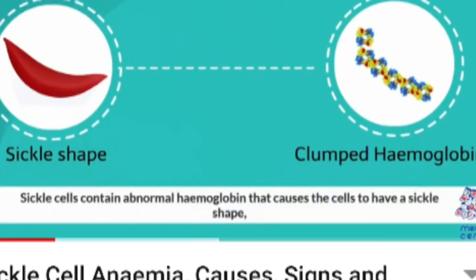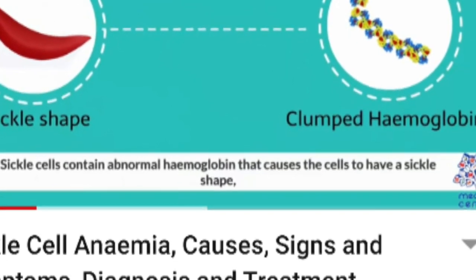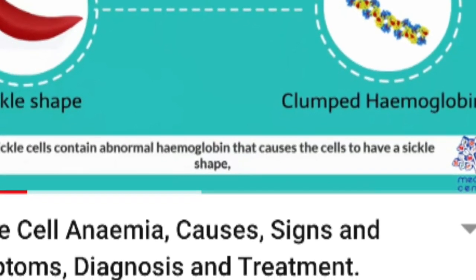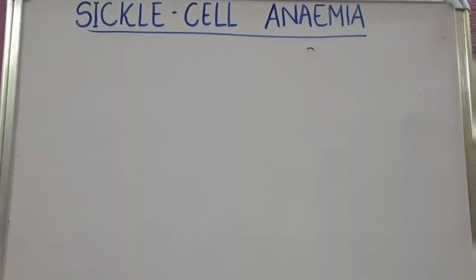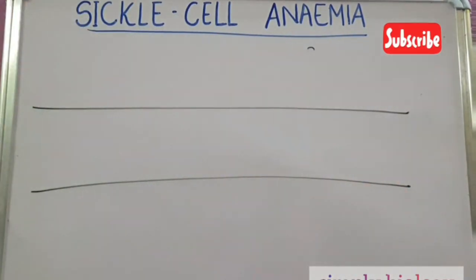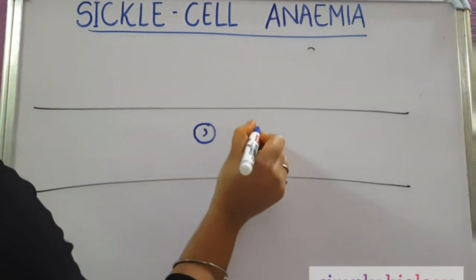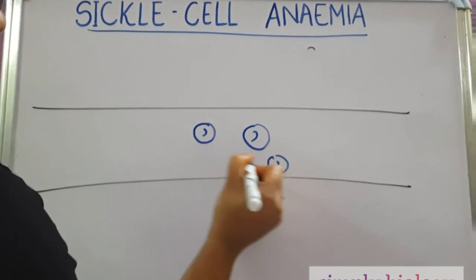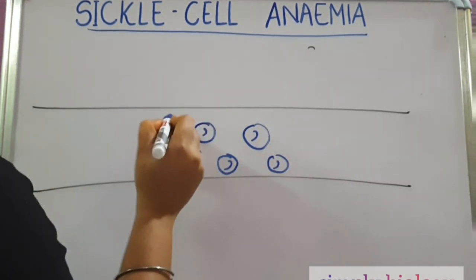The reason behind the sickle shape is the abnormal hemoglobin, the protein found in the RBCs. Let's see how the sickle cell anemia happens. These are the red blood cells which are biconcave. On both sides it is concave.